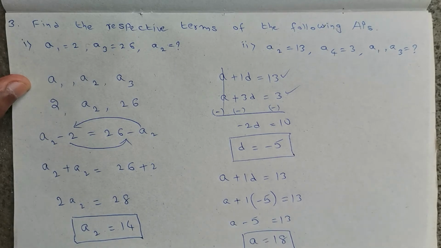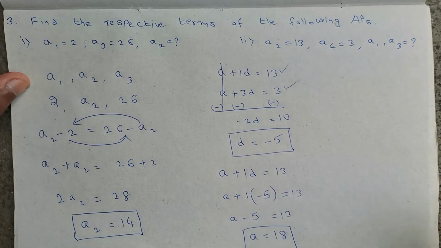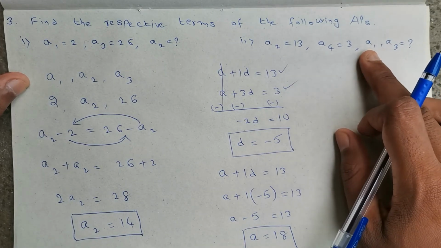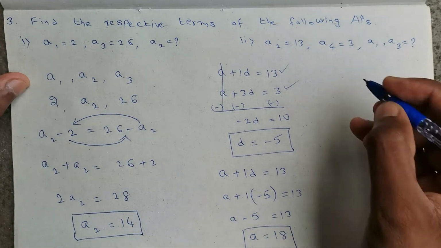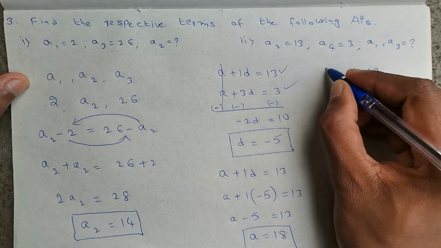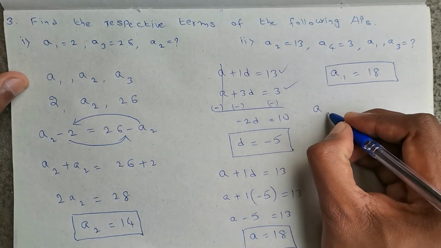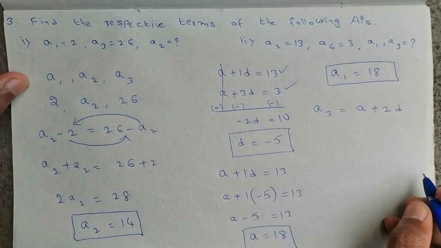The A value we got as 18 and the D value as minus 5. Now what is he asking? He is asking to find A1. A1 is nothing but A itself. A1 and A both are the same. So the first term A1 is 18. Then he is asking for A3. A3 is equal to A plus 2D.